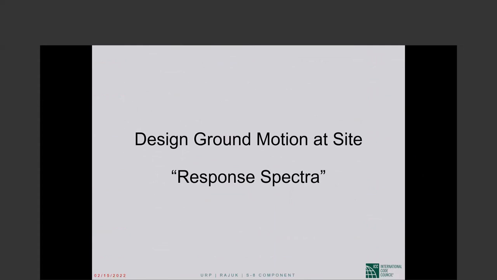So we will start with the very basic concept of the response spectrum. This has come up, the term has come up, and we have looked at spectra, but let's fully understand what a response spectrum is, and from that we will go to what we call design spectrum.